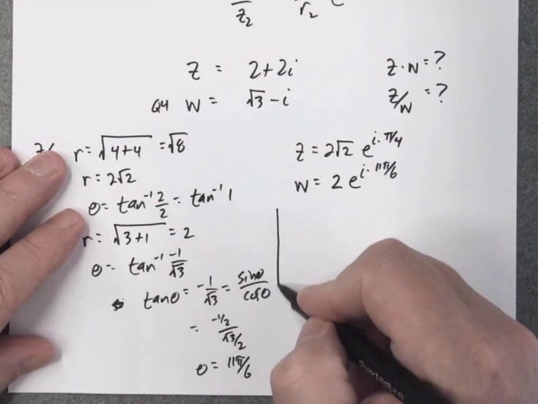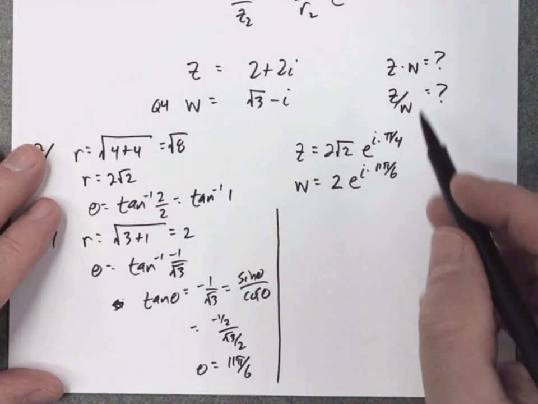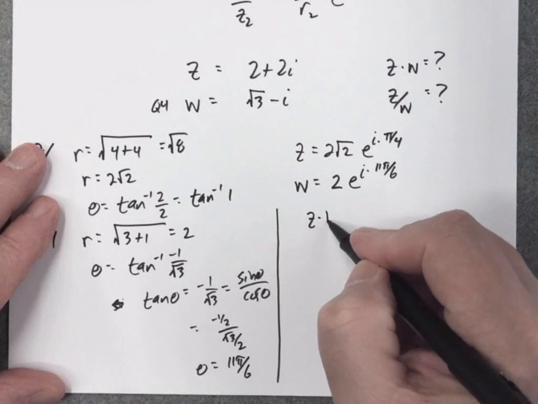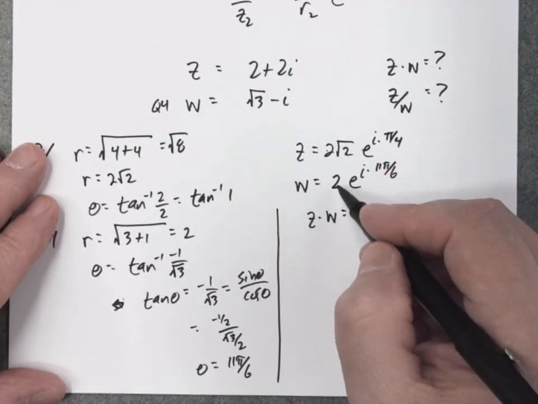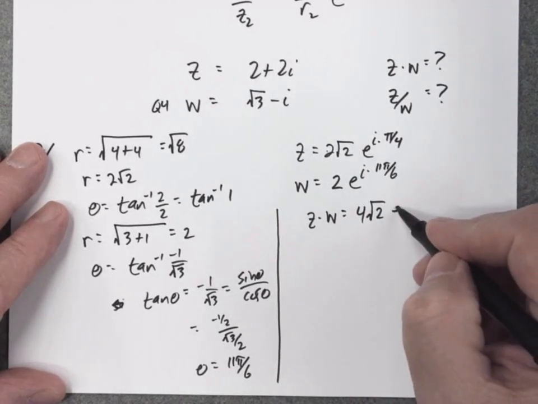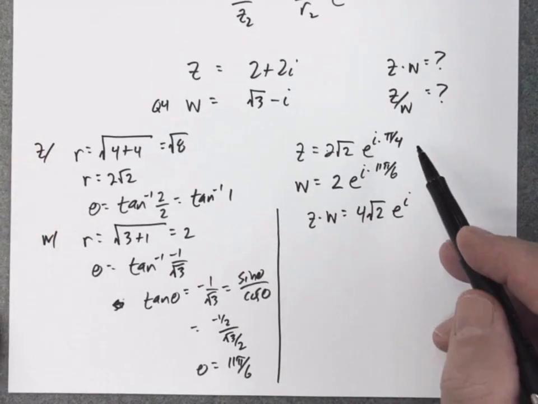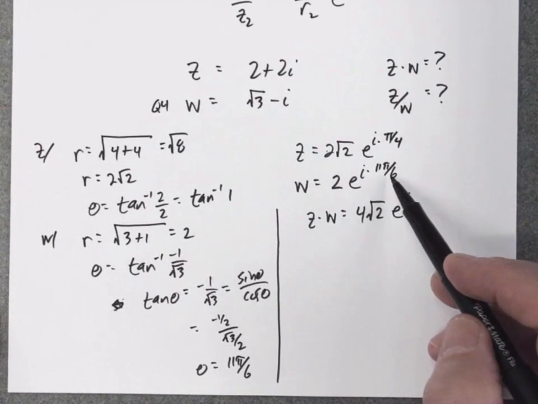So now, if we want to multiply these, you simply multiply the r's. 2 square root of 2 times 2 is 4 square root of 2. And then you add pi over 4 and 11 pi over 6.